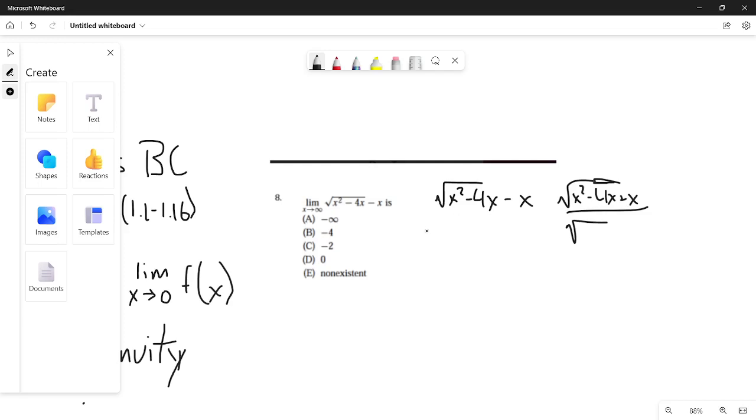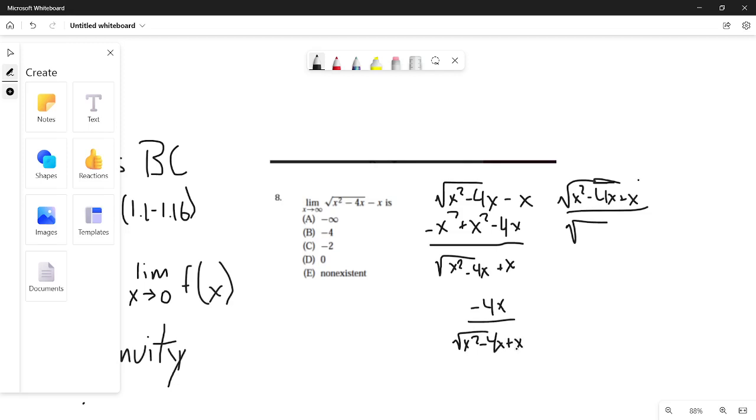So this is going to be negative x squared plus x squared minus 4x over x squared minus 4x. Does this work? Yeah. I can't tell because you're writing it very messy.